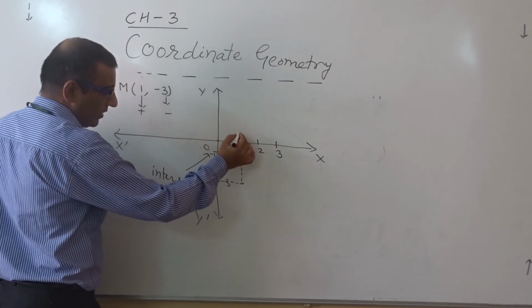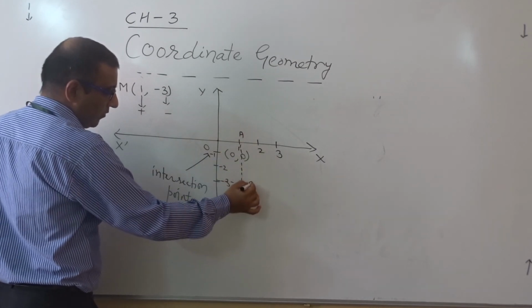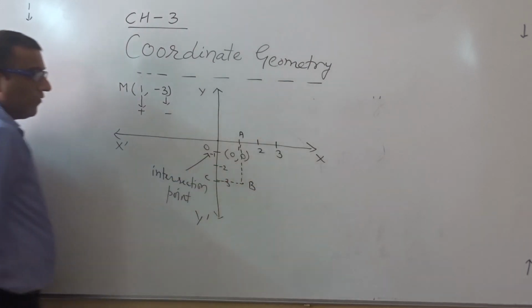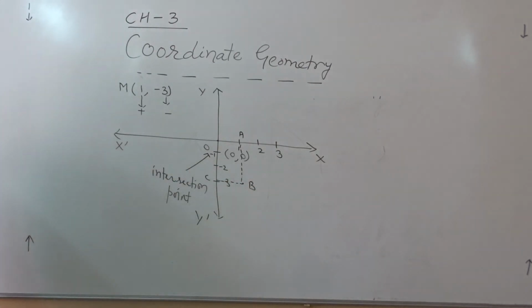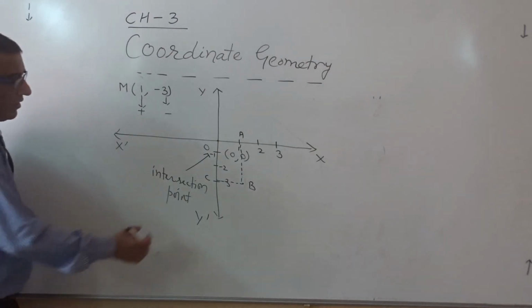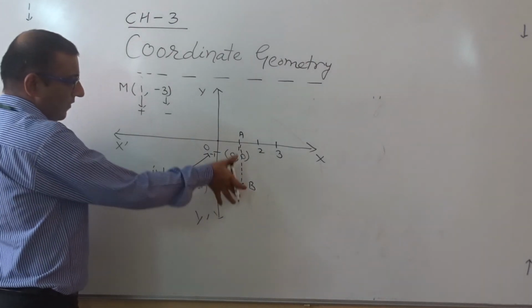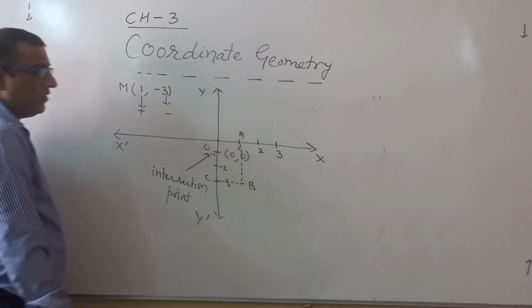We mark it. This is A, this is B, this is C. So we can say again CB is the abscissa, okay, and AB is the ordinate. The value of this abscissa is 1 and the value of the ordinate is equivalent to -3.